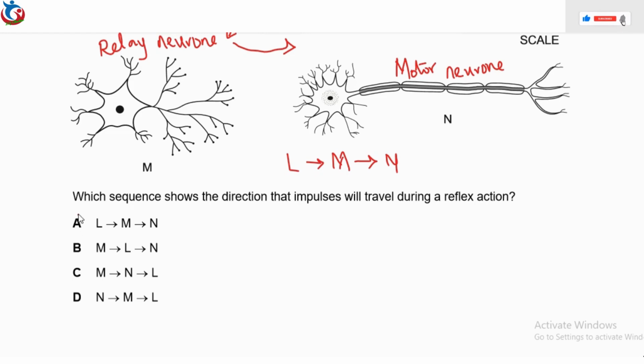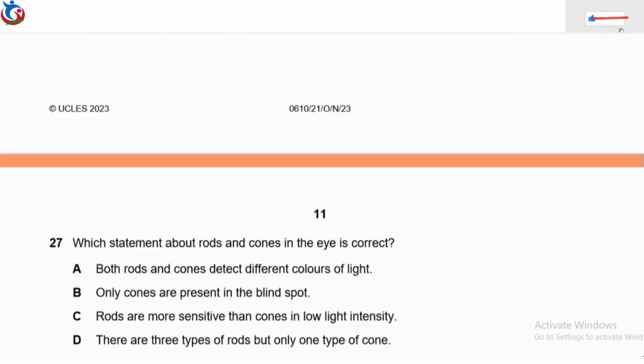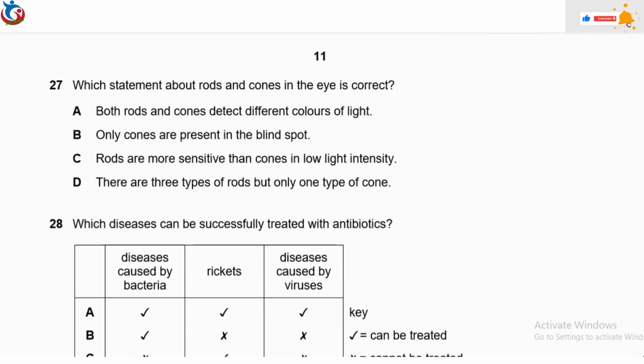Then we'll now move to the next question, which is question 27.